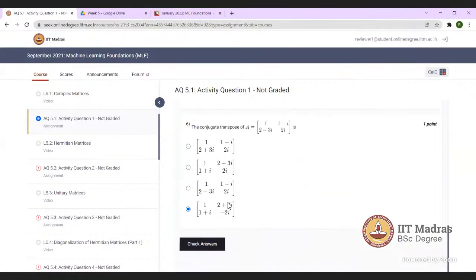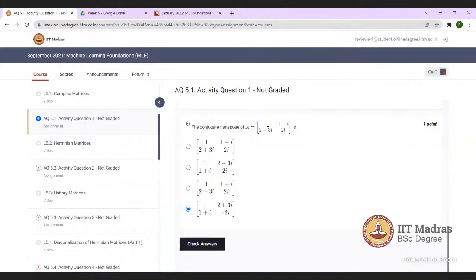Okay. So this conjugate transpose, right? The last one. Initially we can find the conjugate and later transpose, or we do transpose first and later the conjugate. Both are the same.